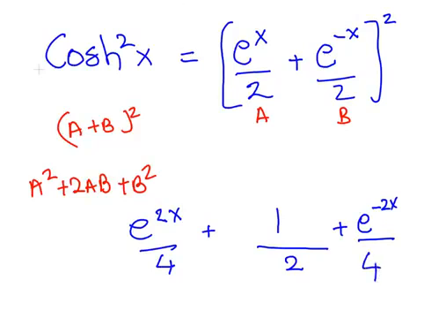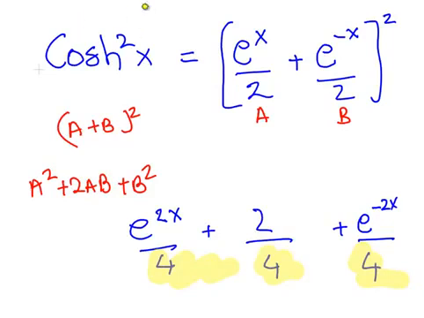And just to remember, what we could do here is we have e to the 2x over 4 plus 1 over 2. We could just rewrite that as 2 over 4, just so that we have the same denominator the whole way through. Not absolutely necessary, but useful.